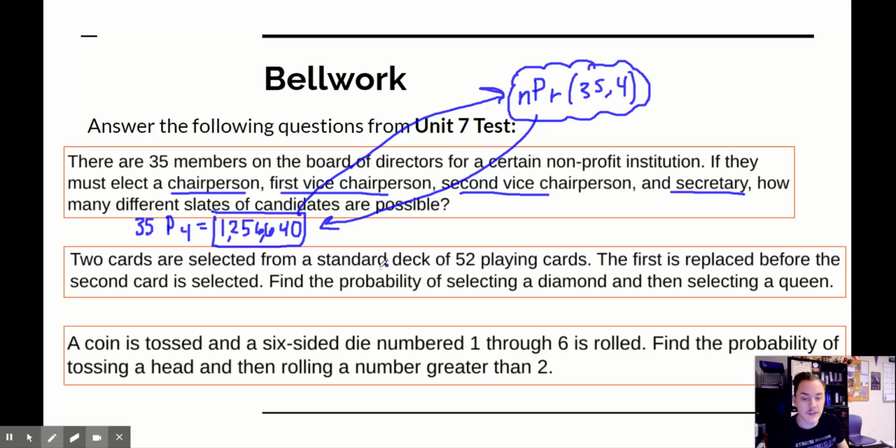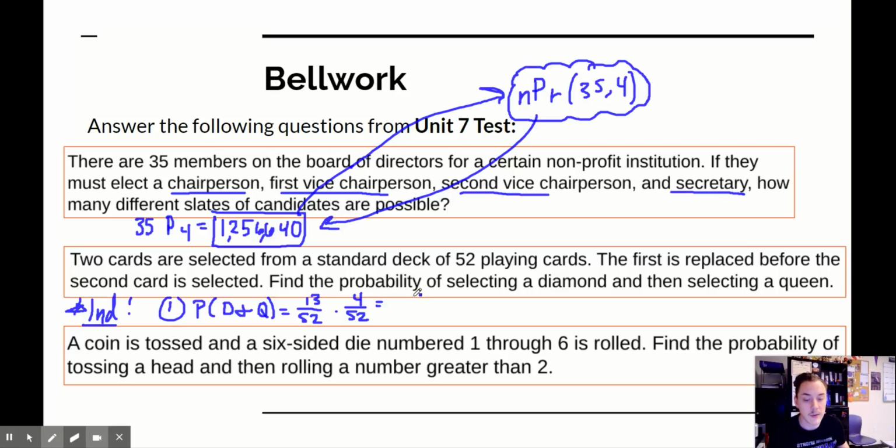2 cards are selected from a standard deck of 52 cards. The first card is replaced, so that tells me automatically if it's replaced, it's going to be independent. Okay, and then before the second card, find the probability of selecting a diamond, and then a queen. Okay, so what's the probability of a diamond? That's going to be 13 out of 52 times how many queens are in the deck. There's actually 4 out of 52.